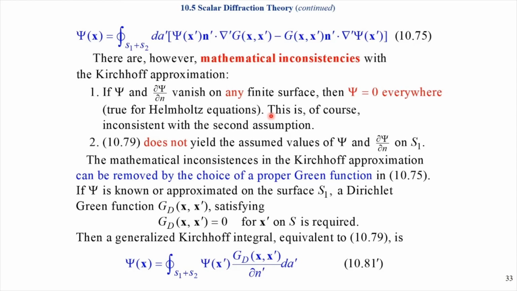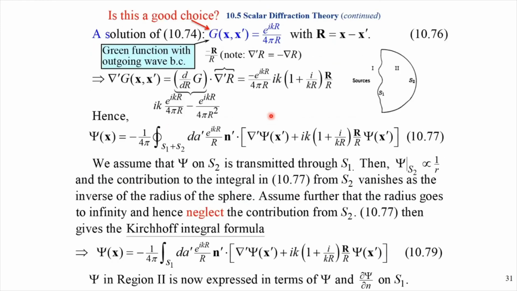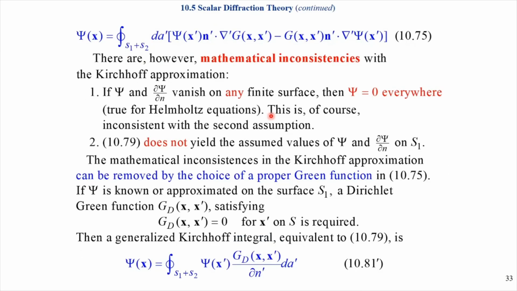The mathematical inconsistency in the Kirchhoff approximation can be removed by the choice of proper Green functions. That is, the Green function we select here is not the best choice, but it's a pretty good choice.